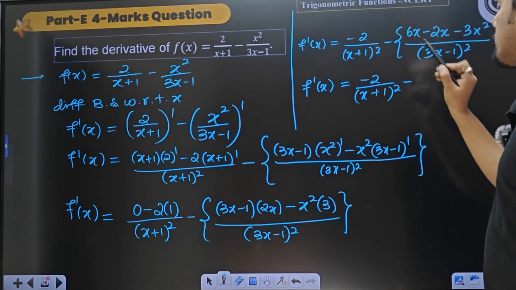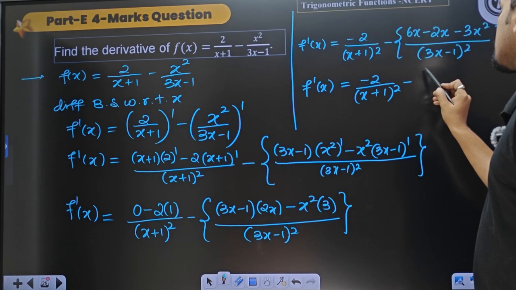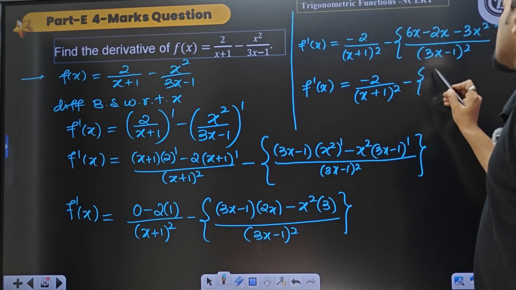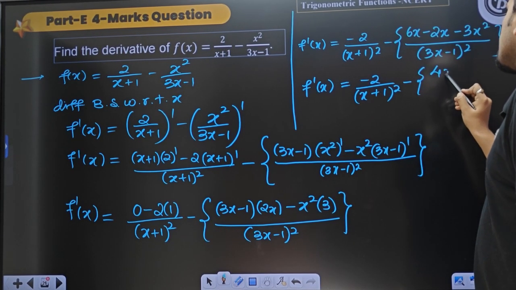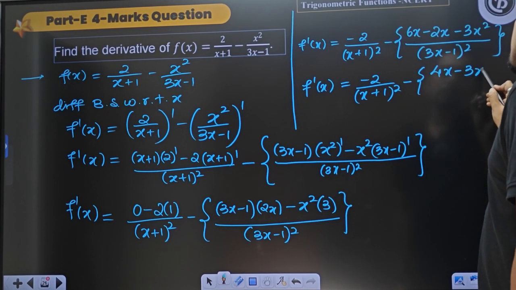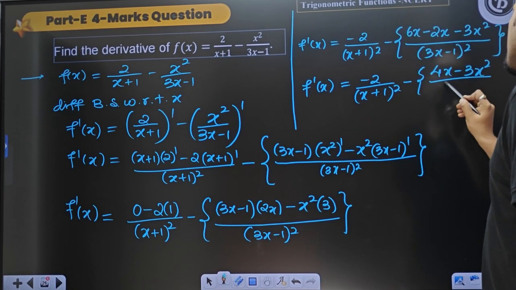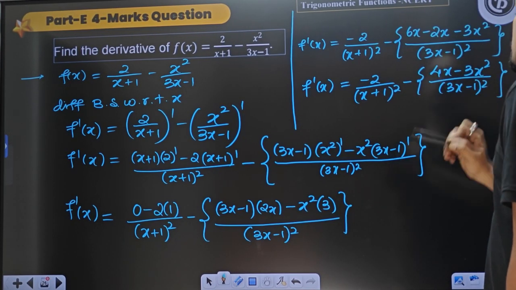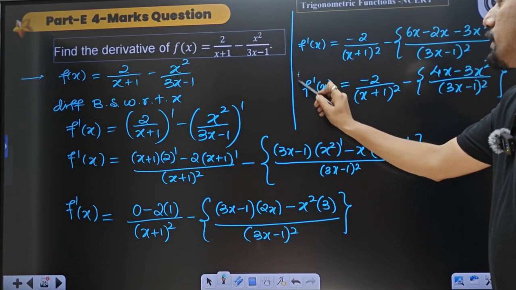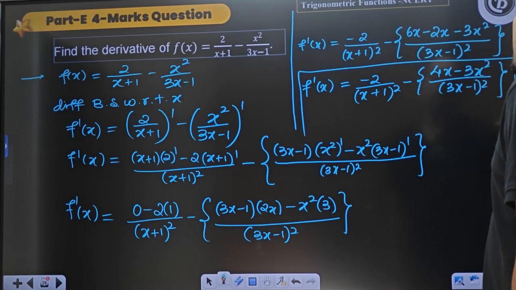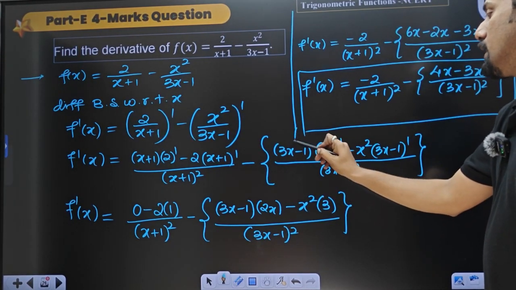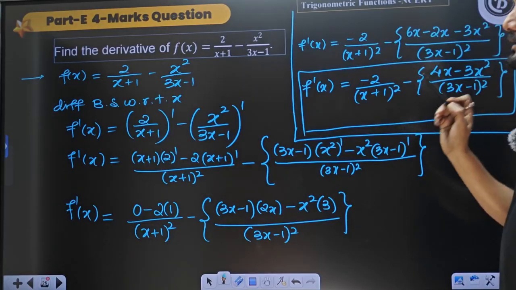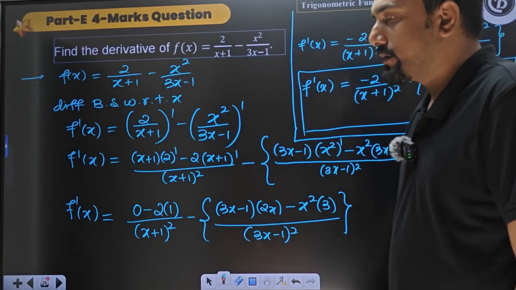If you multiply, then this becomes 4x minus 3x square divided by 3x minus 1 whole square, close. If you write this much, then you will get 4 out of 4 marks, okay, for this question. Pause the video and note down the answer.